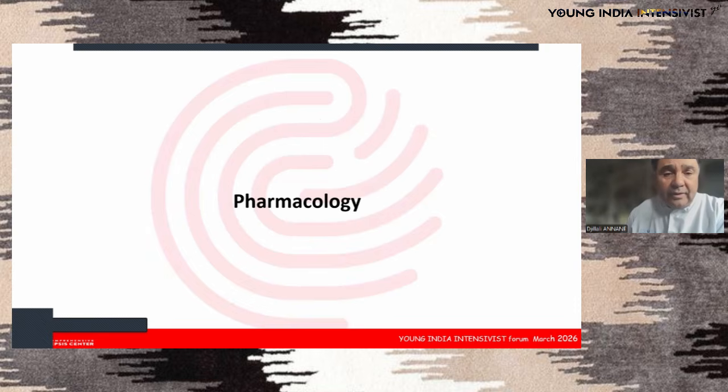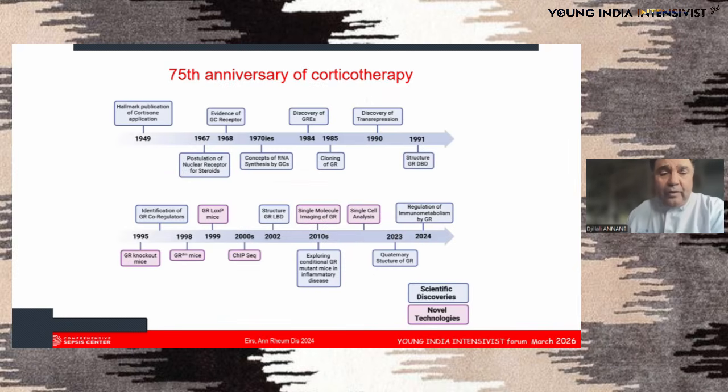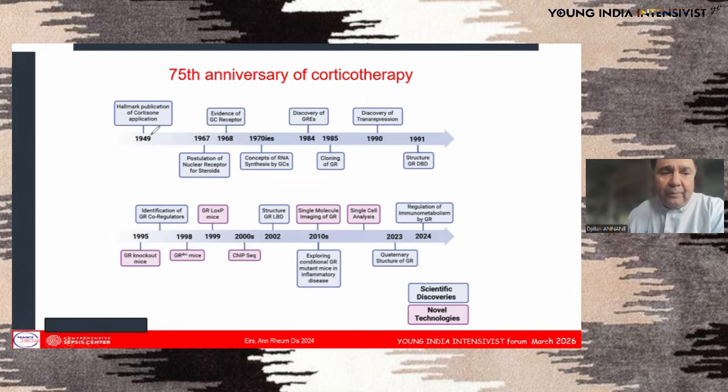Let's start with some pharmacological considerations. So this is a very important review paper you need to look at, published 2 years ago at the time of the 75th anniversary of corticosteroids. This is illustrating, from the mid 20th century, at the time of the discovery of cortisone, all important steps over time up to now.